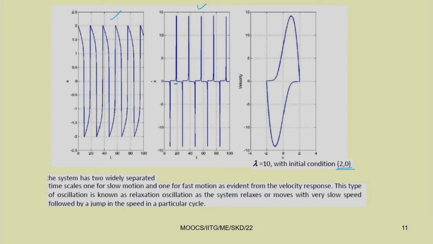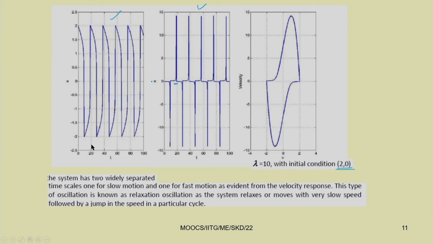This type of oscillation is known as relaxation oscillation, as the system relaxes or moves with very slow speed, followed by a jump in speed in a particular cycle. In this cycle some part of the curve moves very slowly and then suddenly it jumps and moves with very high speed. That is why it is known as relaxation oscillation in the van der Pol oscillator.